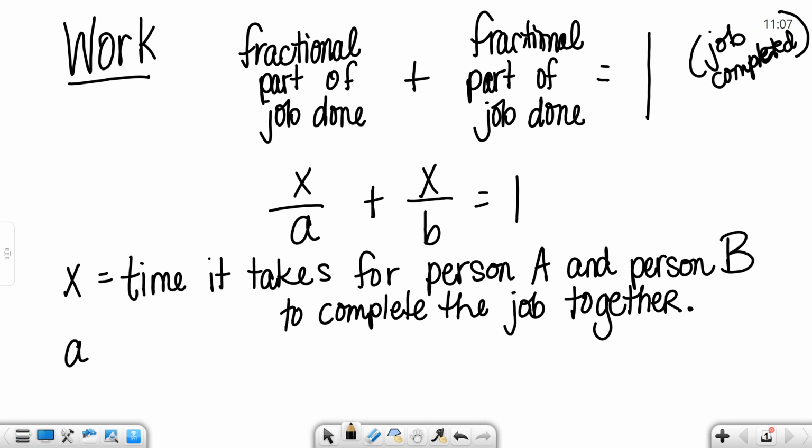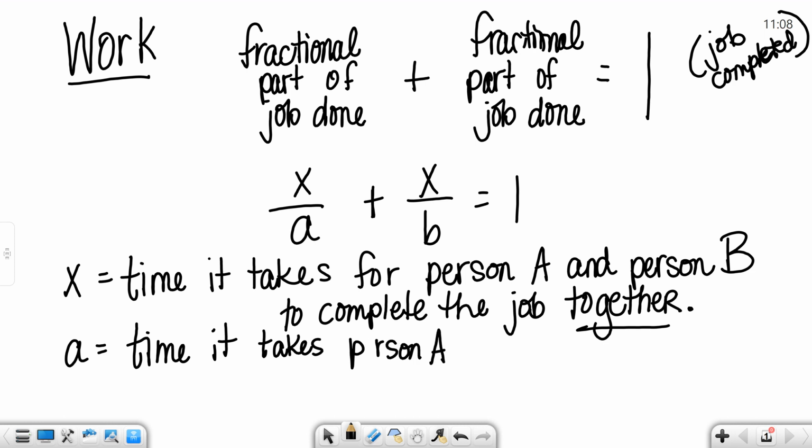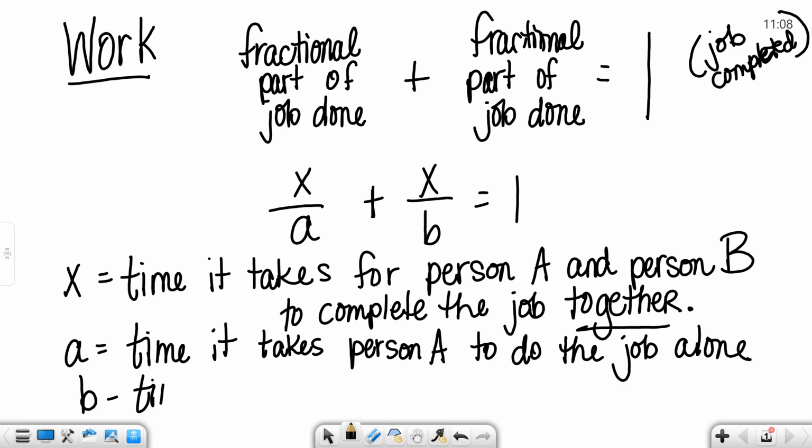So A is equal to the time it takes, you guessed it, person A, capital A, to do the job alone. And so little b is going to be the time it takes person B to do the job alone.